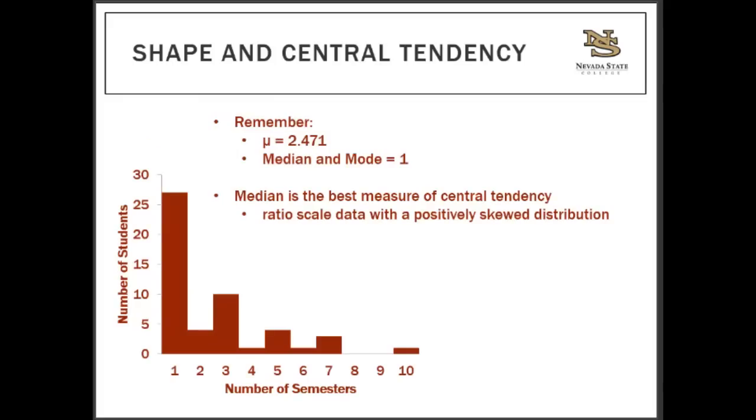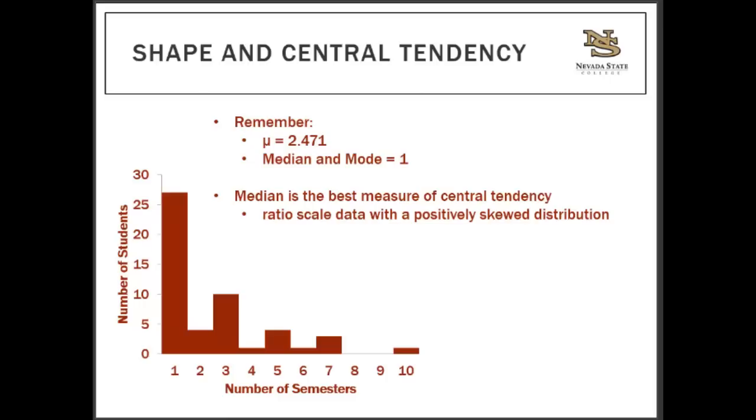So let's go ahead and shift our focus to shapes and measures of central tendency. Remember the data set that we looked at before, looking at the number of students in the population and how many semesters they've been at NSC. For the junior psychology students, the mean was 2.471 and the median and the mode were 1. In looking at this distribution, you can see that the mean isn't very reflective of the true tendency of our data.